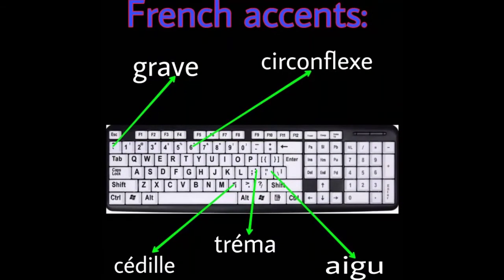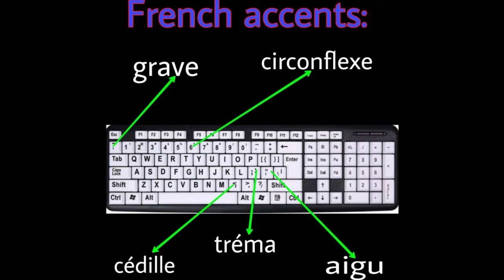Well, the first step is to locate the keys on your typing keyboard. So if you have your PC in front of you, try to look at your keys. We are going to first locate the accents themselves, where they are located on the keyboard.